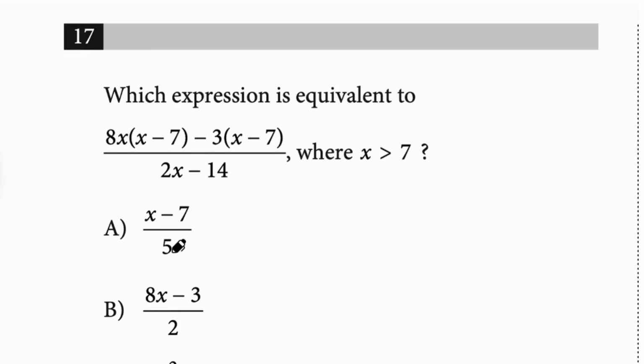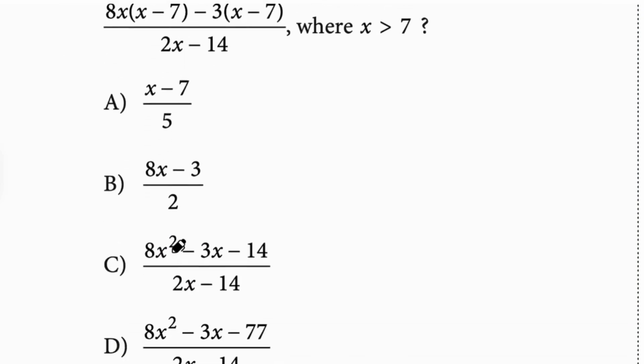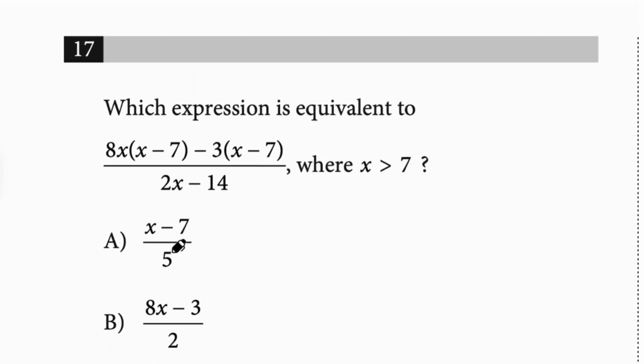So we have to solve this one and check the right option. Let's say our expression is 12x minus 4y. What do we do? We take common factors. 4 times 3 is 12 and 4 times 1 is 4, so you take 4 common and what is left is 3x minus y.